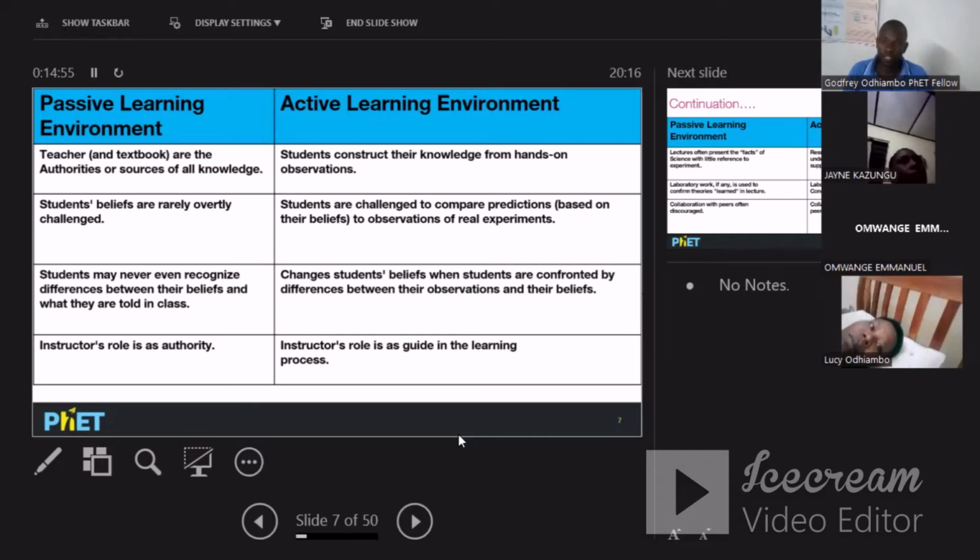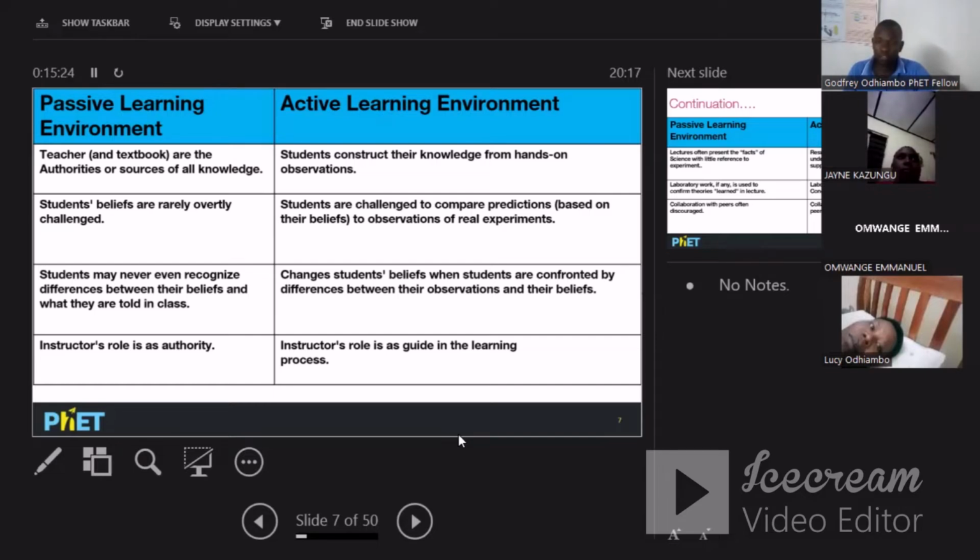Now, on the other hand, in an active learning environment, students construct their knowledge from hands-on observation and manipulation of a simulation. The students are challenged to compare predictions based on their beliefs with the observable results of real experiments done in the laboratory using physical equipment.